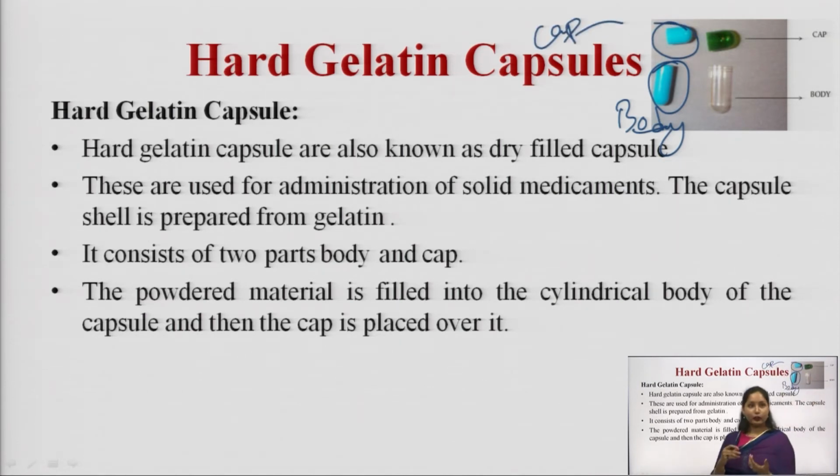The length of the body part is a little bit more than the cap portion of the capsule. The medicament, or the powder or solid dosage form which we have to fill, we fill into the body portion of the hard gelatin capsule, and then we place the cap over it. Okay. And we lock or seal the capsule.